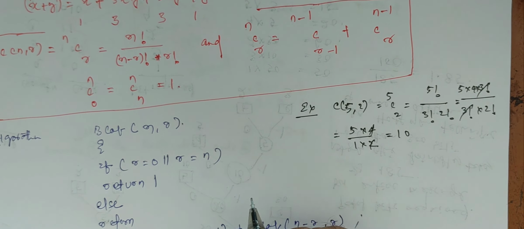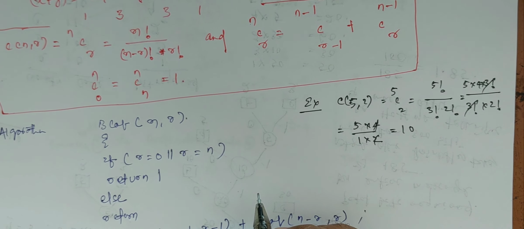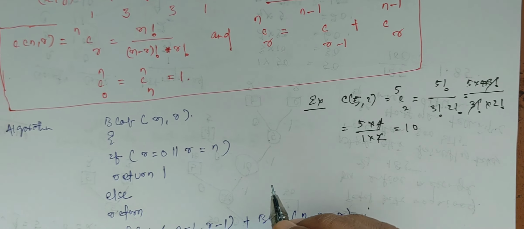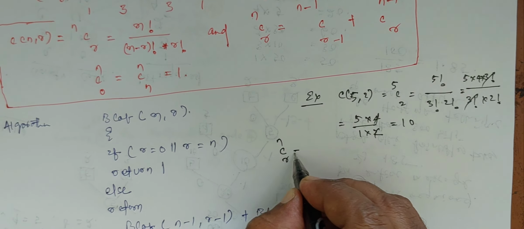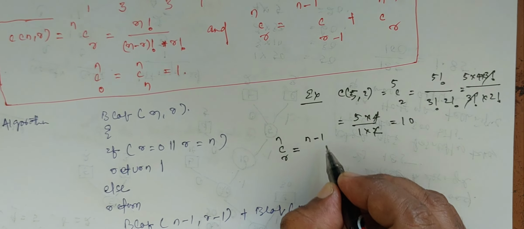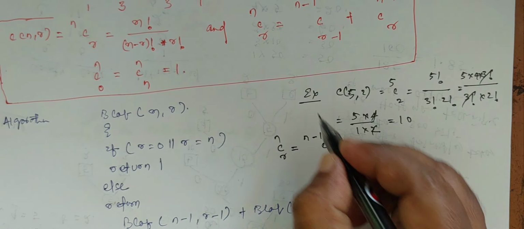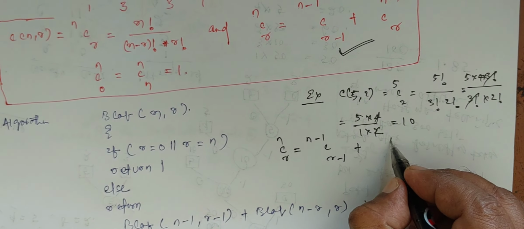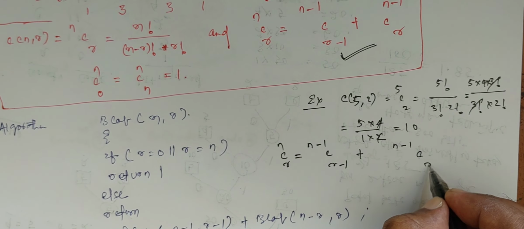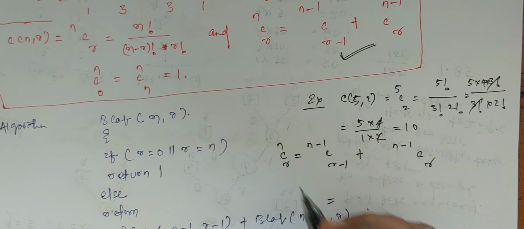Another thing we have to prove, that nCr is equal to (n minus 1)C(r minus 1) plus (n minus 1)Cr. This is 10.